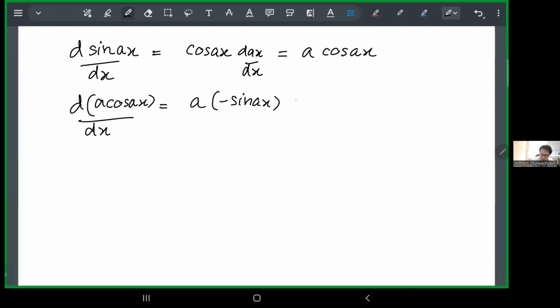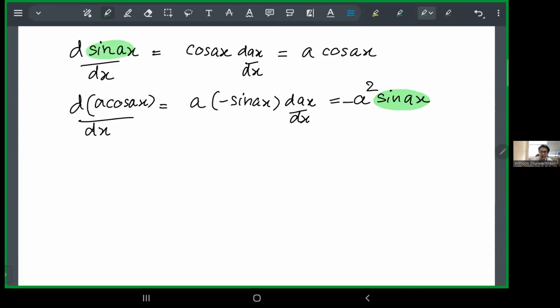And then you have to do the chain rule one more time, and that chain rule gives you an extra a. So you get negative a squared sine ax. Do you see what I see over here? That's the sine ax, the original function that you started with. See that?